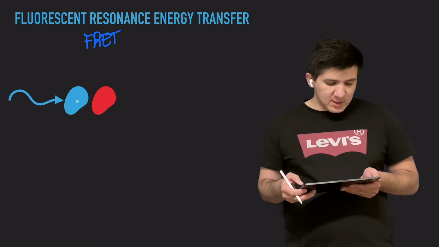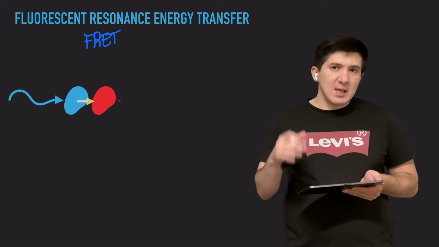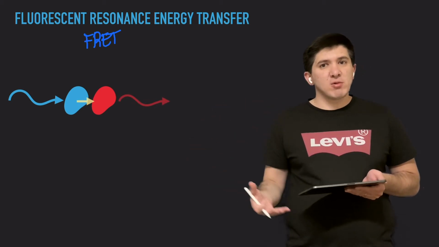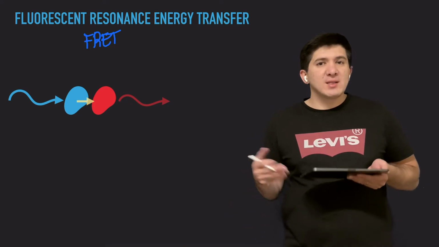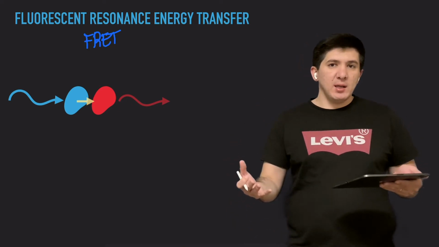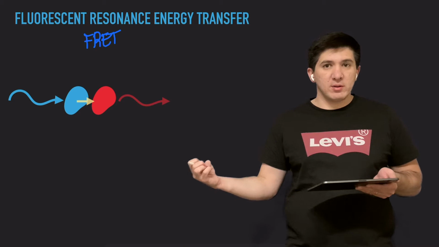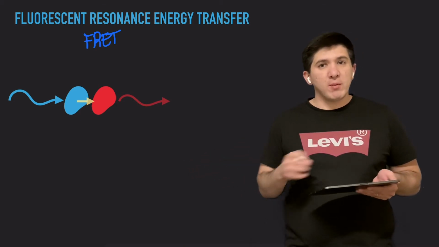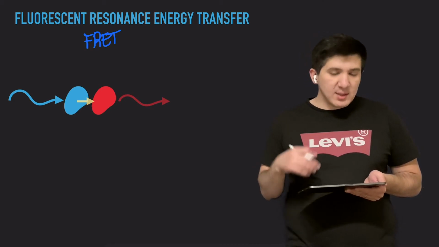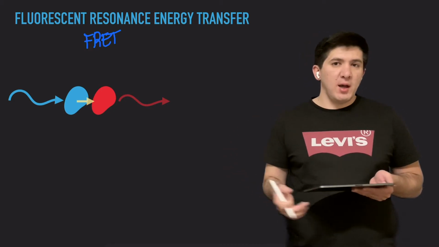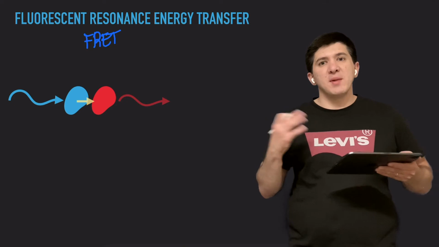I'm going to excite this using the light in the excitation range of the first fluorophore. And now the first fluorophore, instead of emitting light, is going to transfer this energy, which has been absorbed, to another fluorophore, the second fluorophore. And the second fluorophore is going to fluoresce. It's going to emit light.